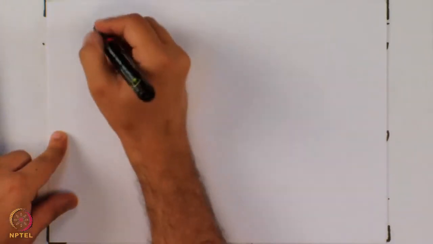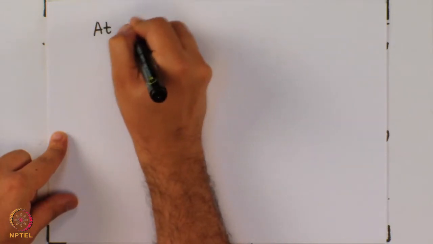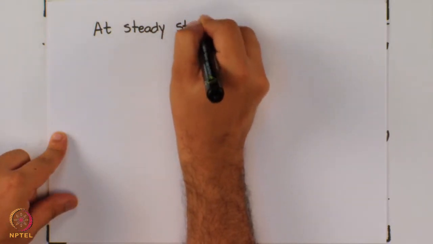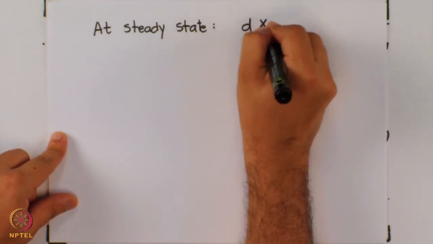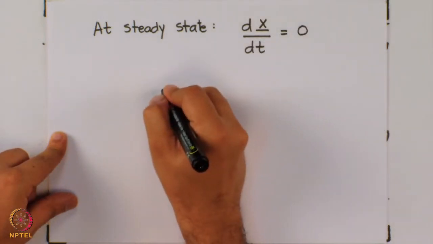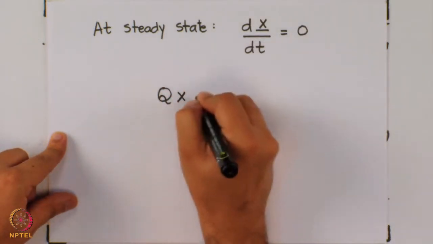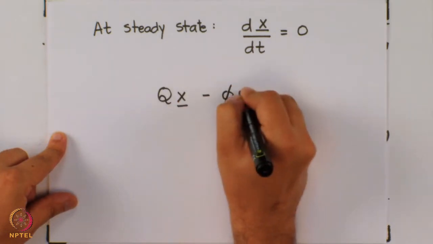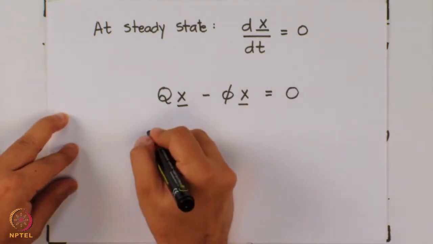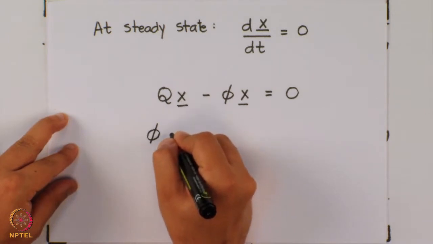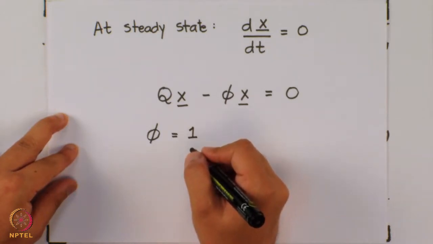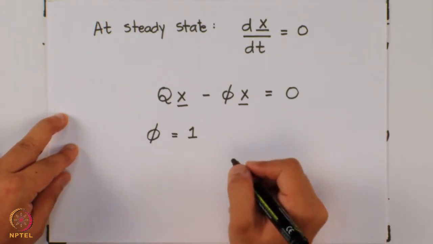Now we have this differential equation, and if you are interested in analyzing the steady state of the system, the quantity dx upon dt is equal to 0, which gives me the equation that Qx minus phi x should be equal to 0. Since we know all genotypes have identical fitness, we take phi equal to 1, which is the mean fitness, and that is given by the fact that all individual genotypes also have fitness equal to 1.